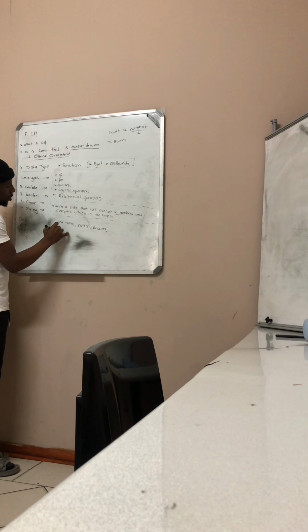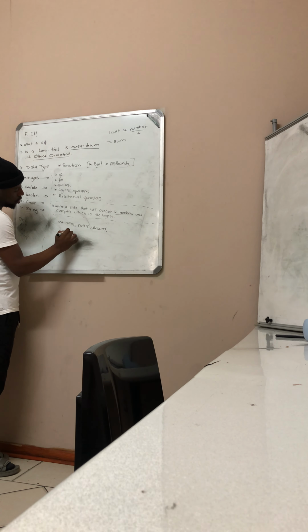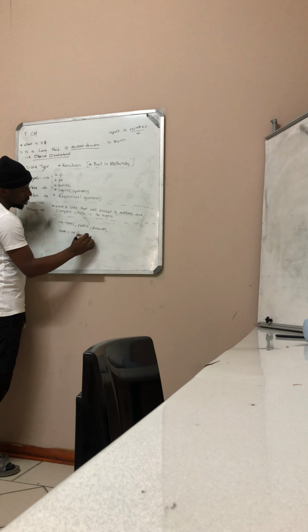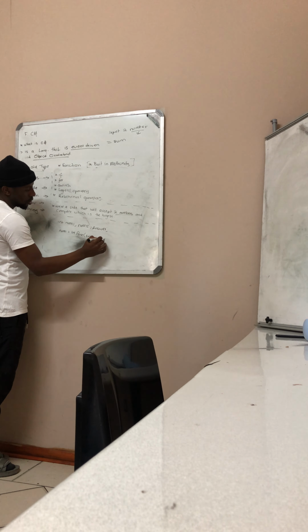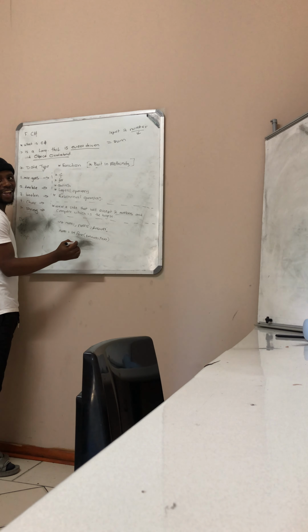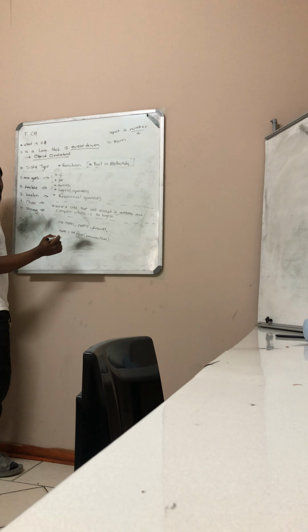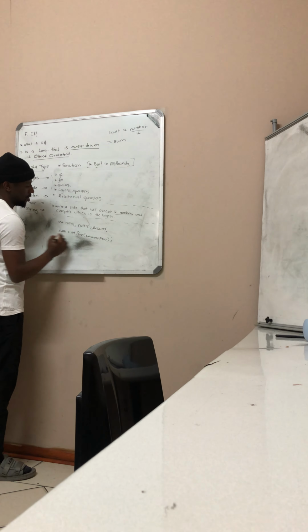Then you accept your values by saying num1 is equal to int.Parse(txtNum1.Text).